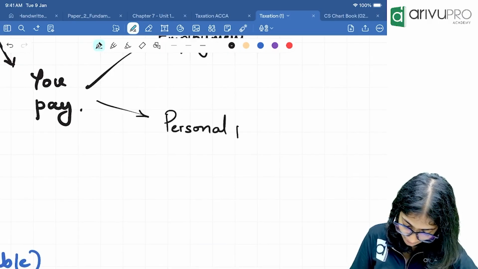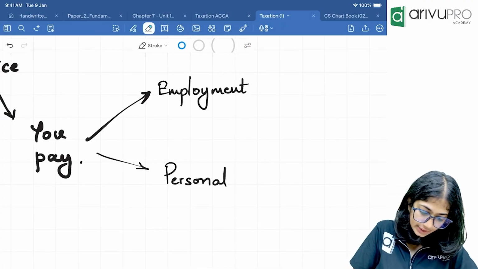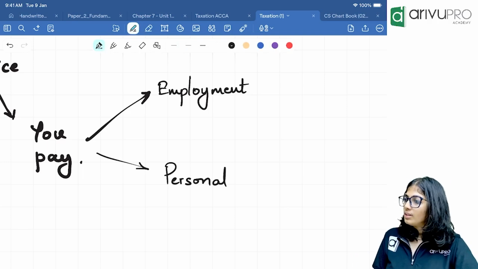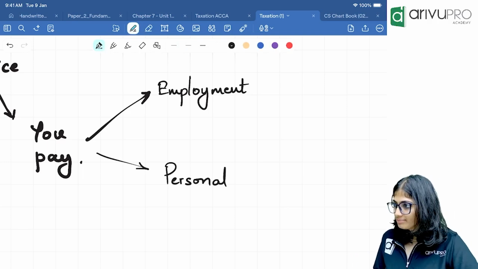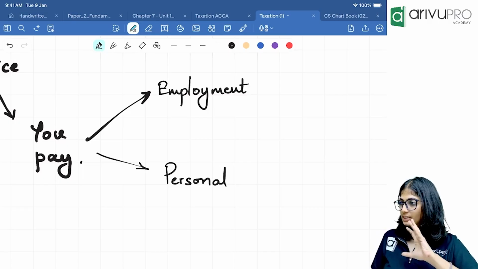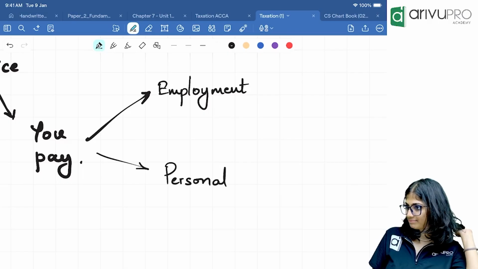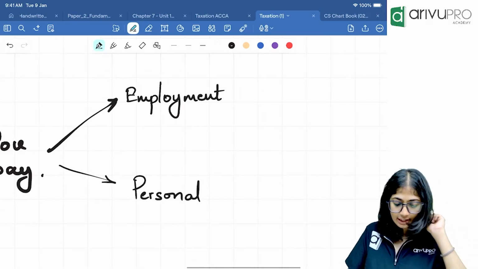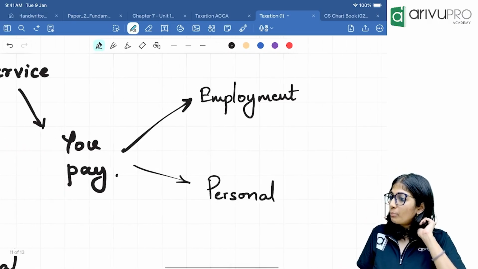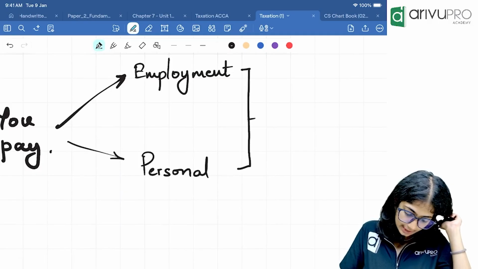Let's say now you are being reimbursed for it. Okay, you pay for both employment and personal. Let's say you are being reimbursed for it. What's going to happen? You're going to get reimbursed for the employment and personal part of it, right? The portion, this is called reimbursement expenses.